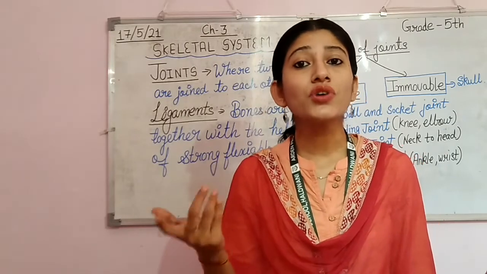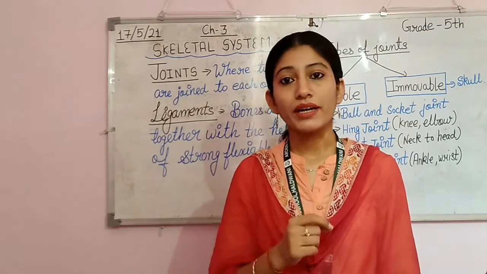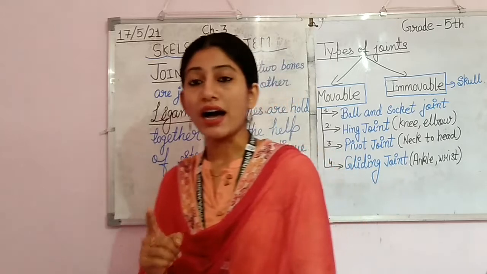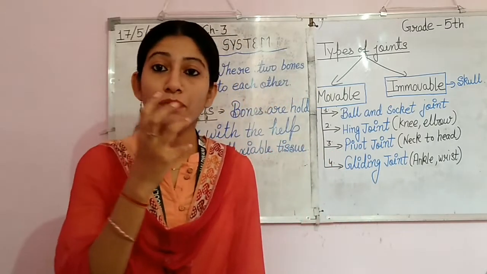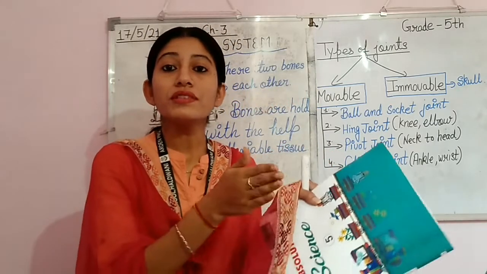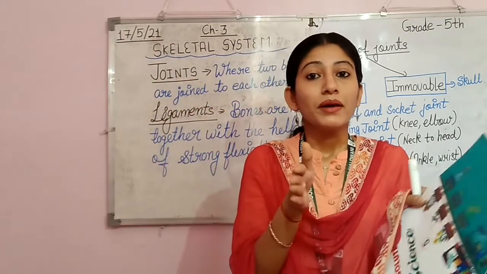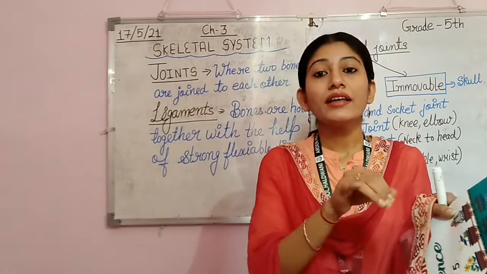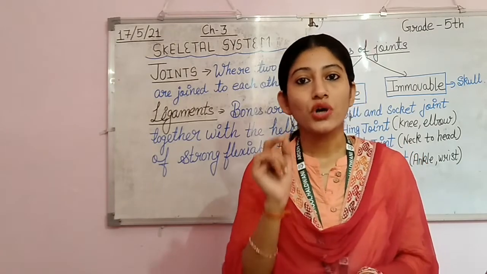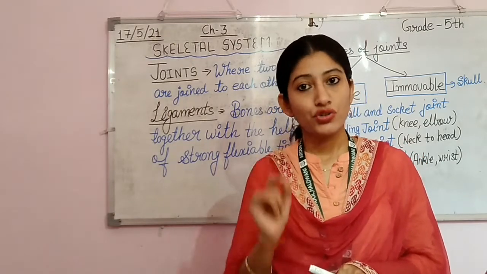Now what are these joints actually? So beta, these joints are the point where two bones meet each other. That point is called a joint.